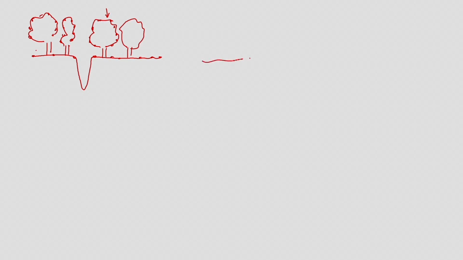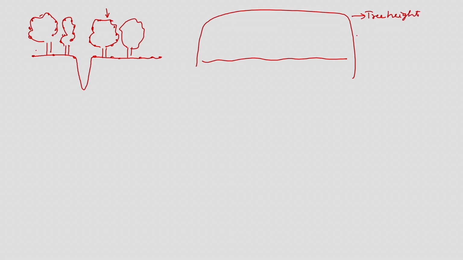Now, instead of getting this terrain, I will get this kind of terrain where this is tree height. So, this is not DTM, this is wrong DTM. So, this is the correct DTM. These kinds of problems are there in the median filter algorithm. Even if we take the mode, we will face the same problem.